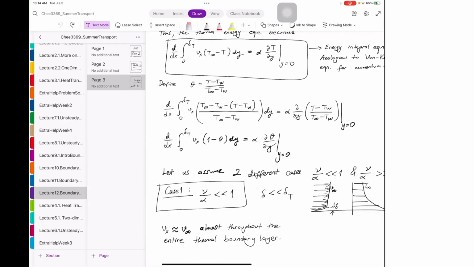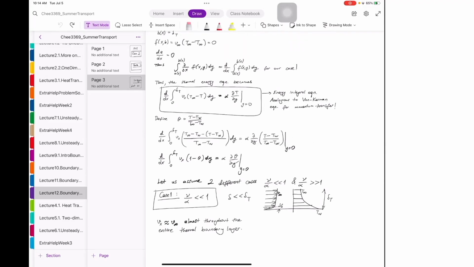Okay, so we talked about this equation. We said let's come up with different cases for which the Prandtl number takes different values, much less than one or much larger than one. As case one, we picked the Prandtl number much less than one.